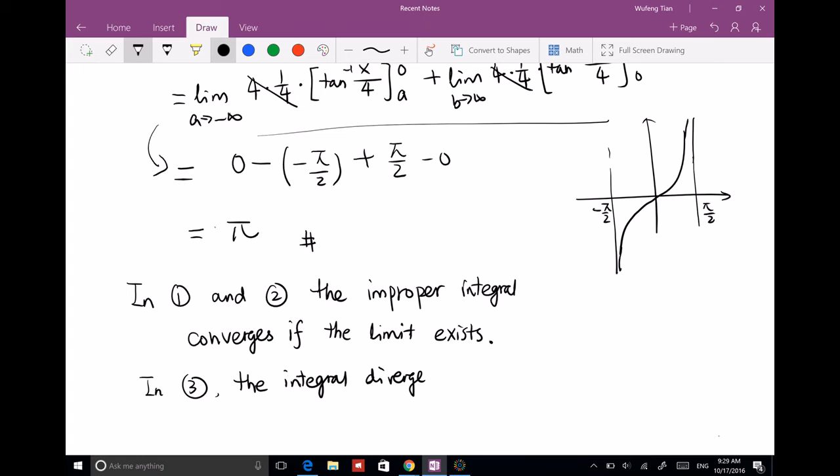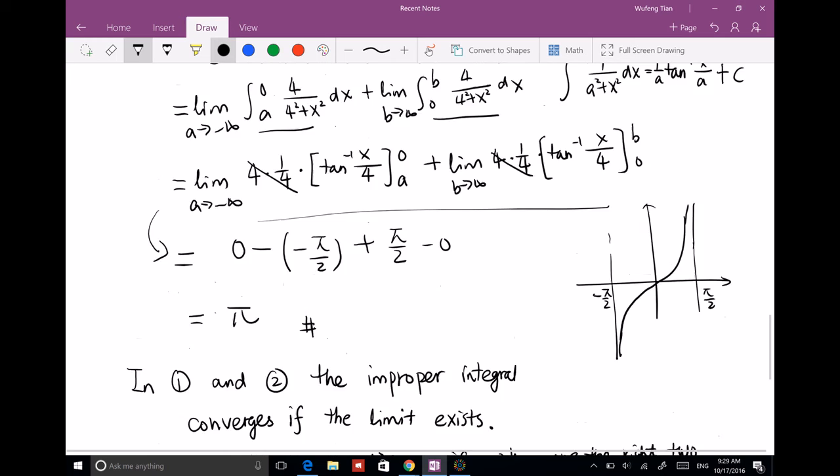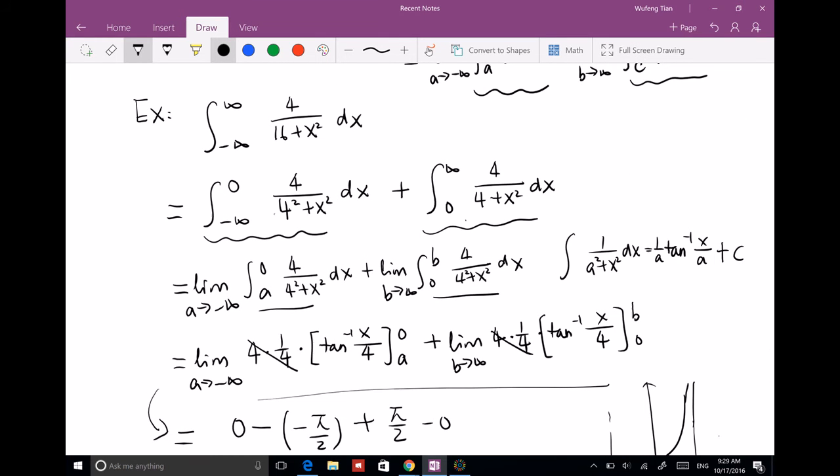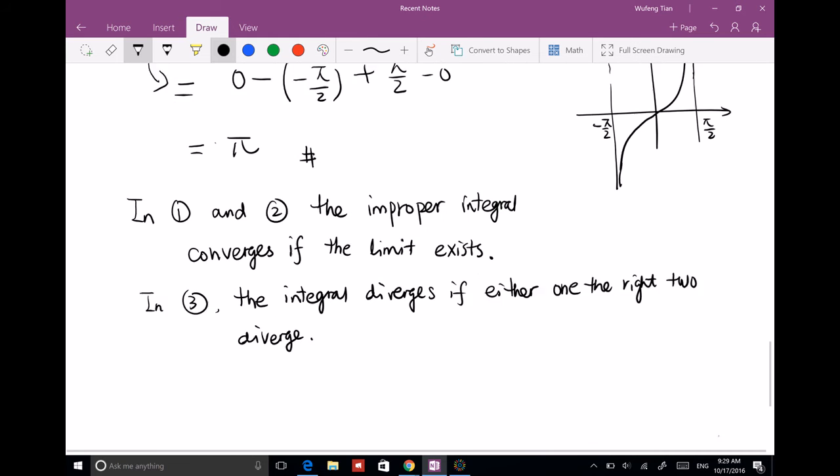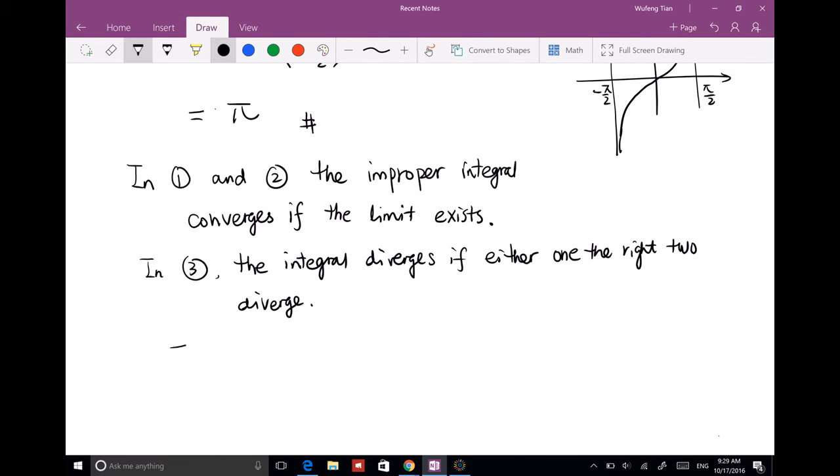The integral diverges if either one of the two diverges. I have 2 improper integrals here. This is the first, this is another one. If one of them diverges, goes to infinity, the whole thing will diverge. So let's look at an example when we have a divergent integral.